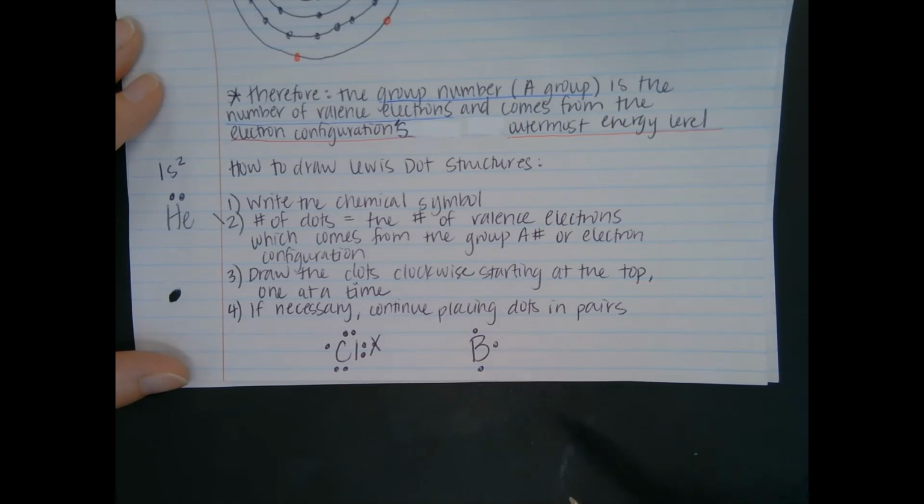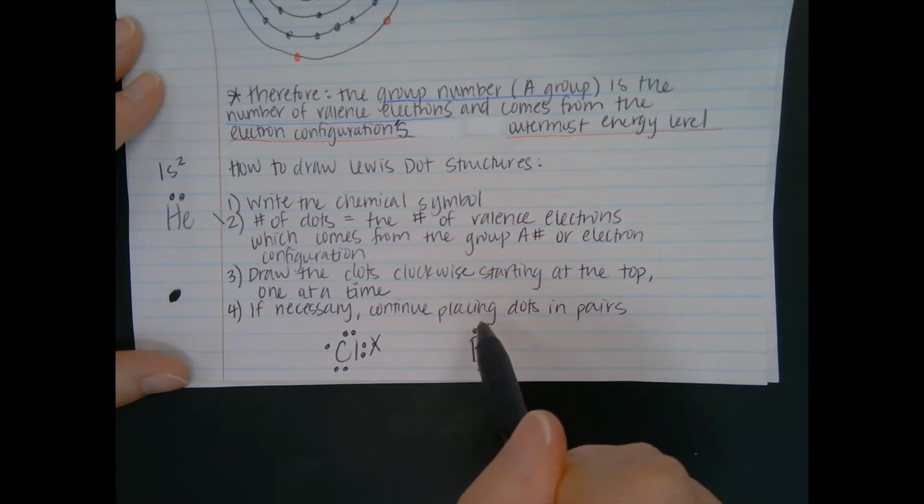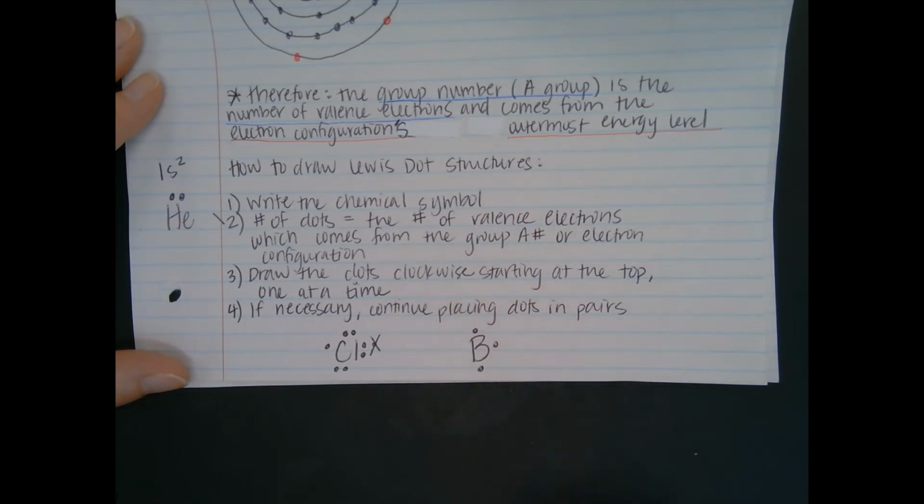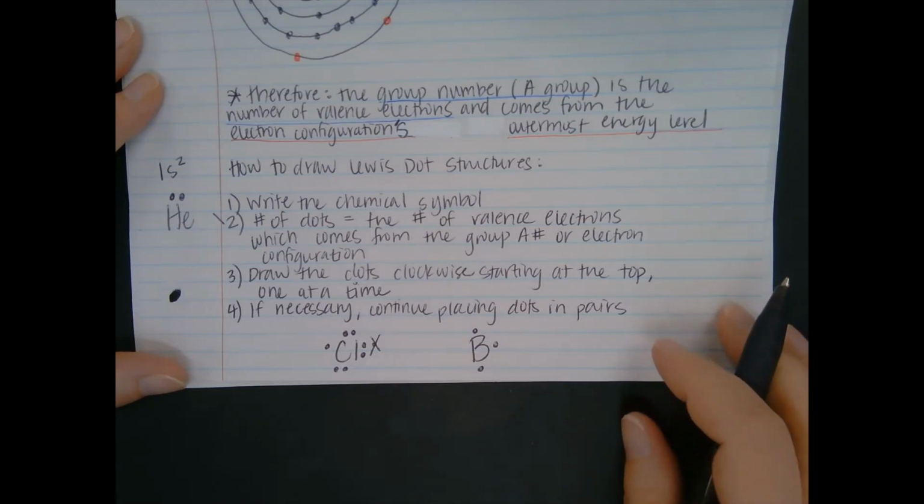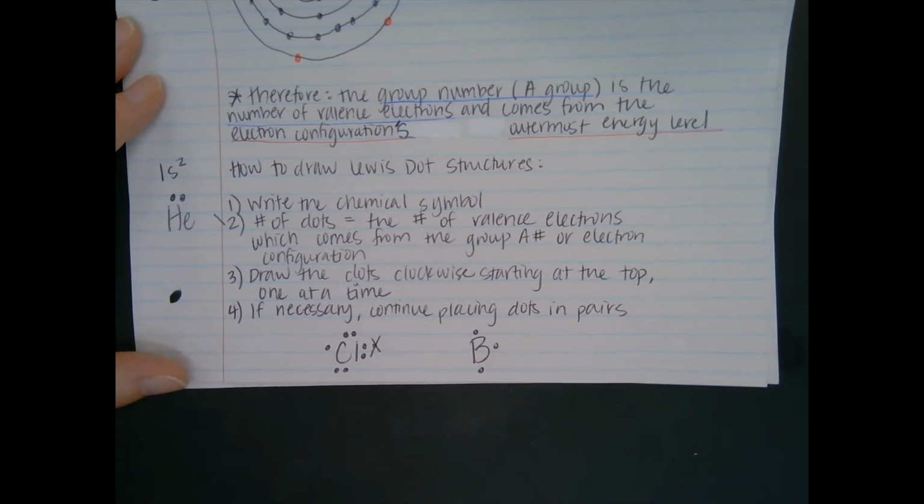The reason for that is something called orbital hybridization, where the S and the P orbitals kind of smash together. When we get to covalent bonding, we'll talk about that a lot. But for here, we're going to separate them out and pair them up only when we need to. Okay, so this is how we are drawing Lewis dot structures using the periodic table.